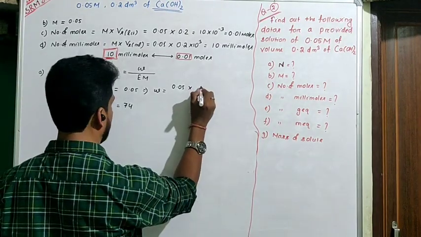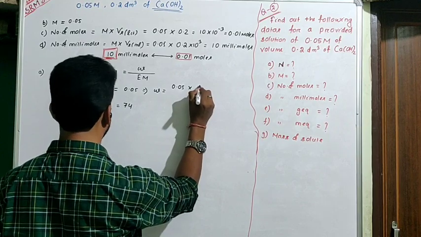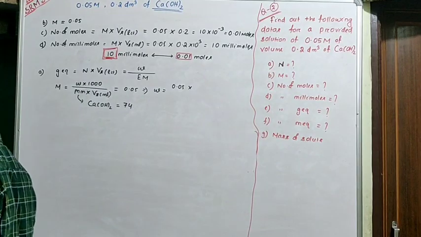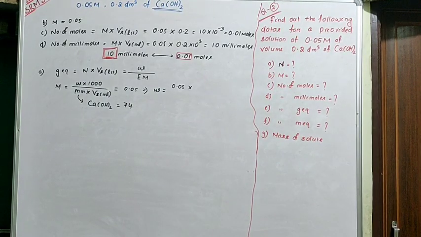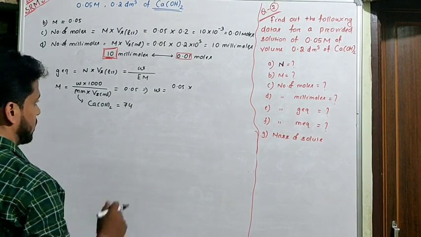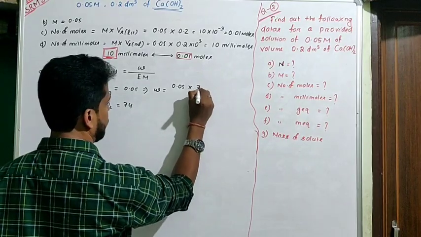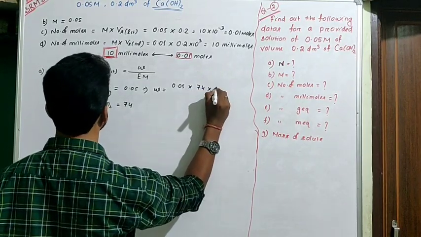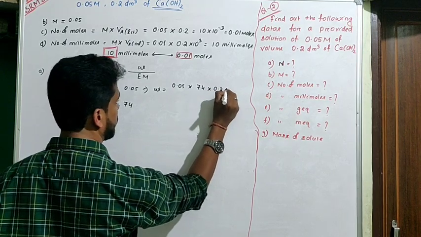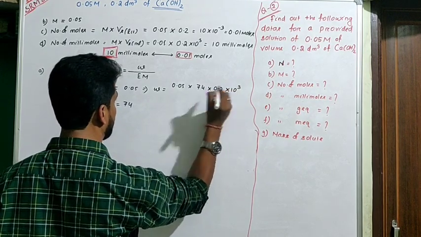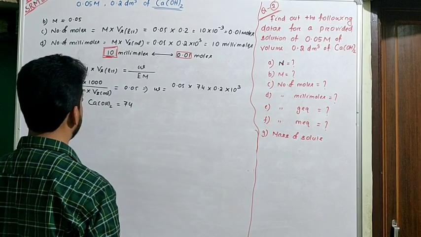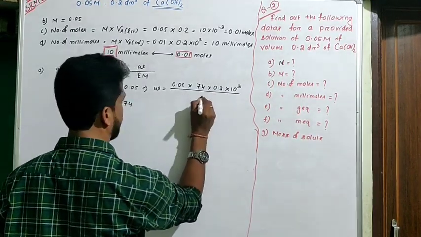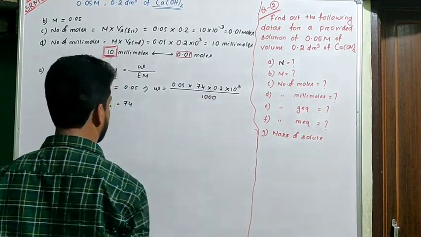So definitely it will be 74 into 0.2 into 10 to the power 3, right, divided by 1000.